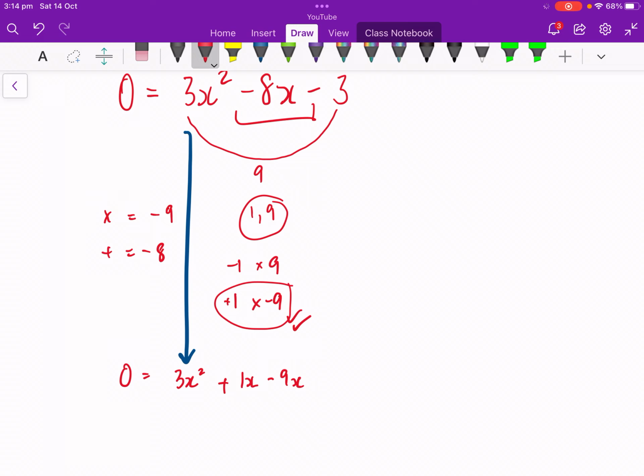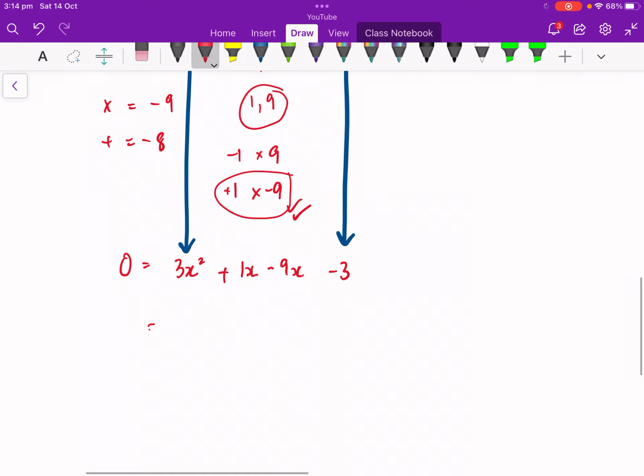Because if you check, if you put those together, 1 take 9x gives you negative 8x. And then I'm going to keep that 3 on the end. Here we go. So now I'm going to split it in half almost and factor each one separately. The highest common factor between these two terms is x.